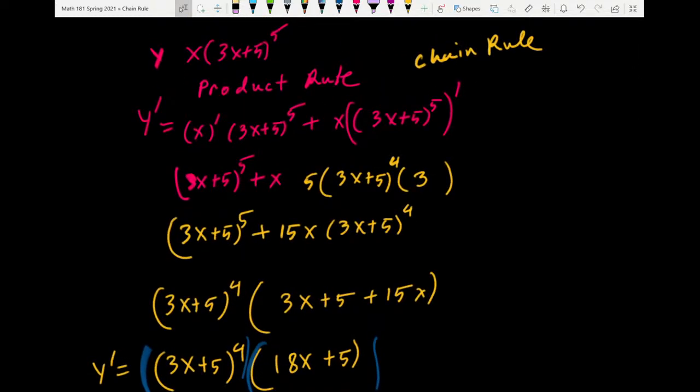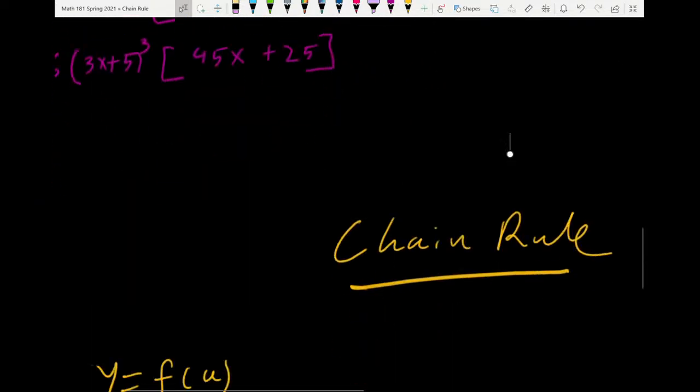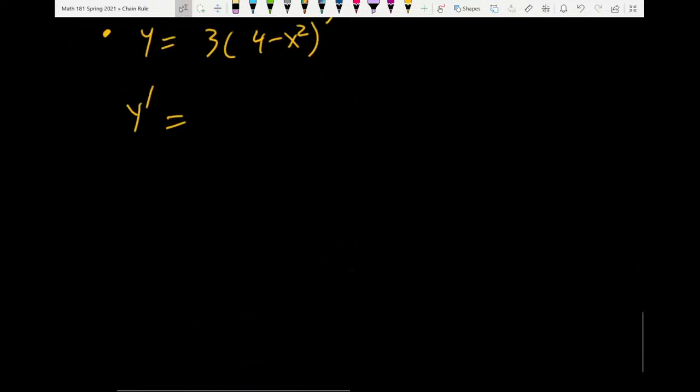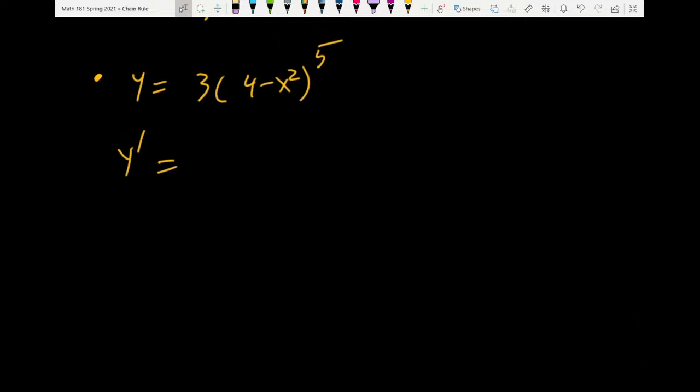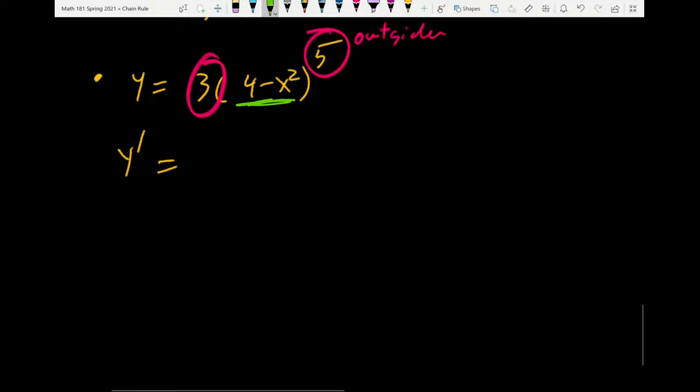And I did that in last class. So that was a hard problem, and I didn't expect you to do it without learning these. So let's do the derivative of that. So let's figure out what's the outside. This is the outside, and this is the inside. So what's the derivative of outside?